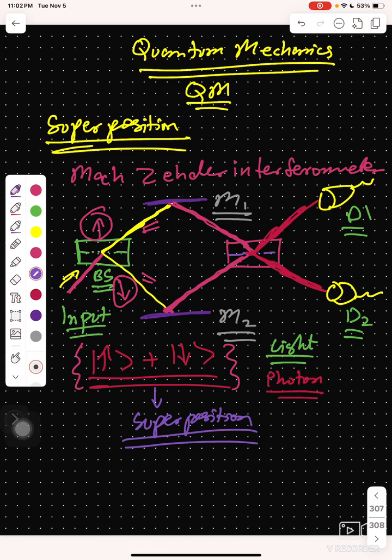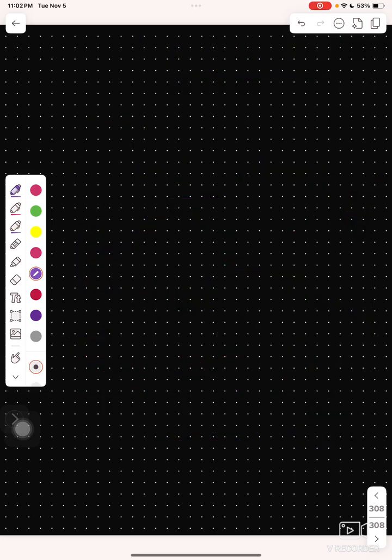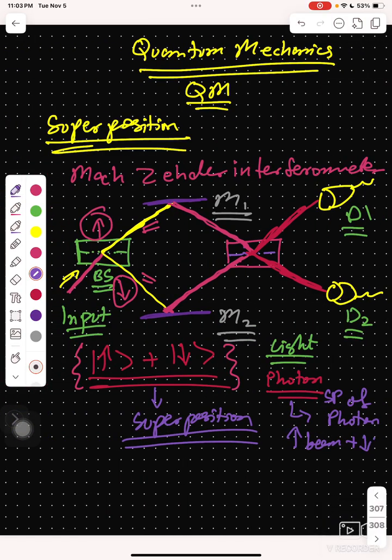This single photon is a superposition, right? Not a sum of photons, but a superposition of photon in the upper beam, or I'll just write symbols, not letters, upper beam plus lower beam.